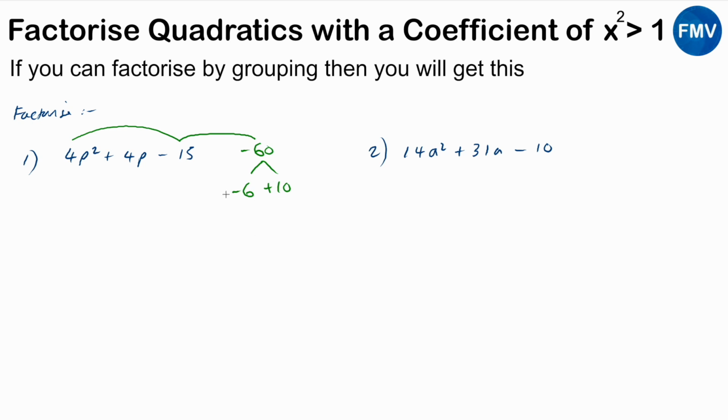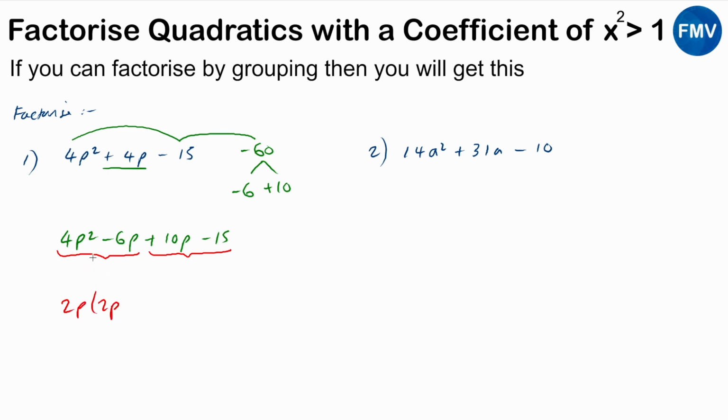Again, you notice I didn't put the signs in until afterwards, until I looked at this. So I can see that I'm replacing +4p with -6p plus 10p. So here goes, 4p squared minus 6p plus 10p minus 15. I'm going to factorise these two and these two. These are multiples of 5, these are multiples of 2. So 2 is a factor of 4 and 6. p is a factor of both of those components.